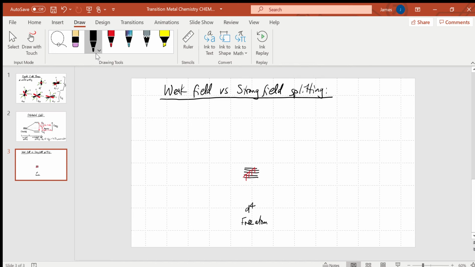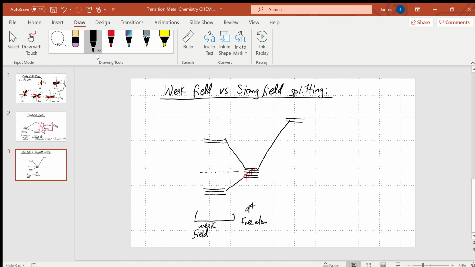And now we'll have the weak field on the left. Okay, so there's the barycenter. So this will be the weak field. Weak field splitting. And then we'll have the strong field on the right.